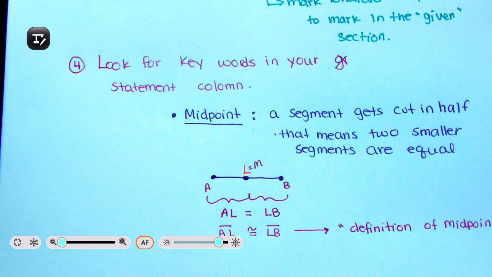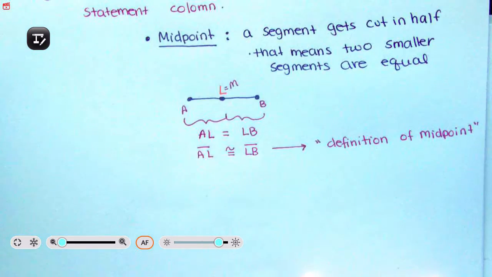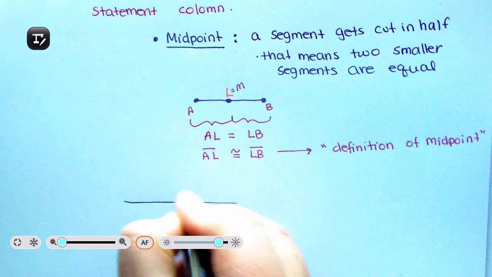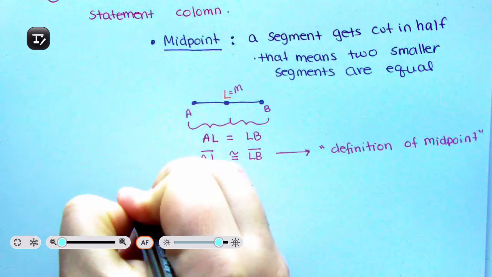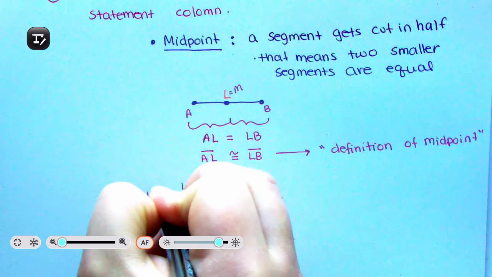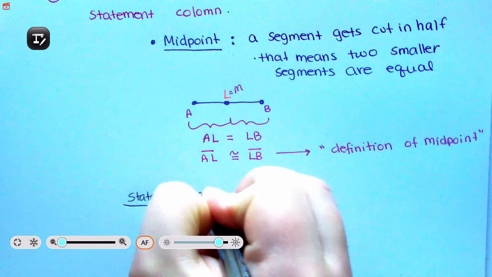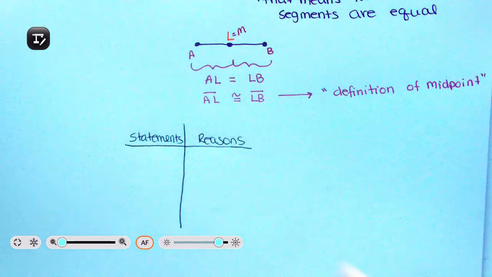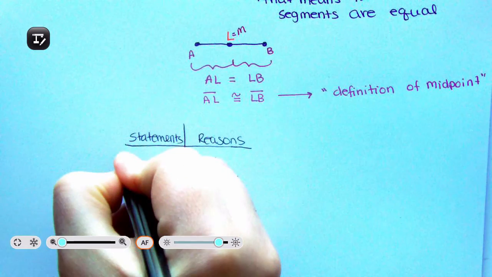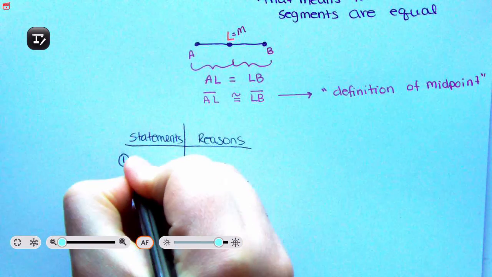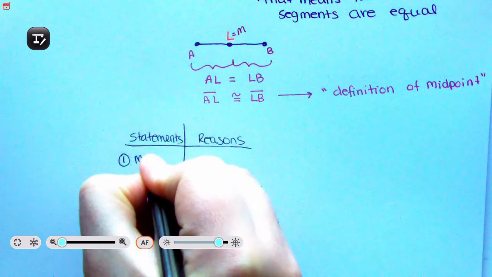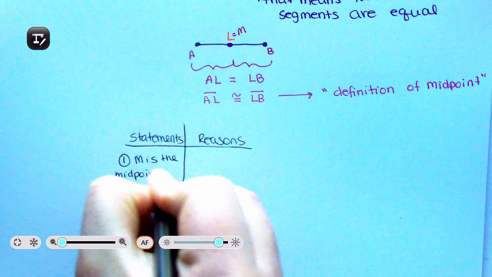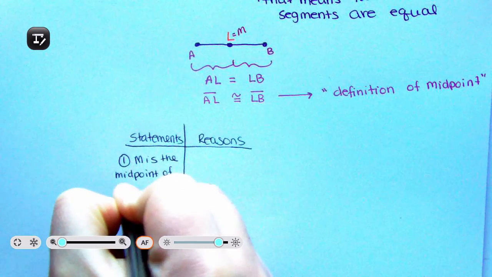Okay, so how would that look like in your T-chart? Let's do an example. So here's your statements. Here's your reasons. So if they tell you, let's say they tell you M is the midpoint of AB, how do you know that?